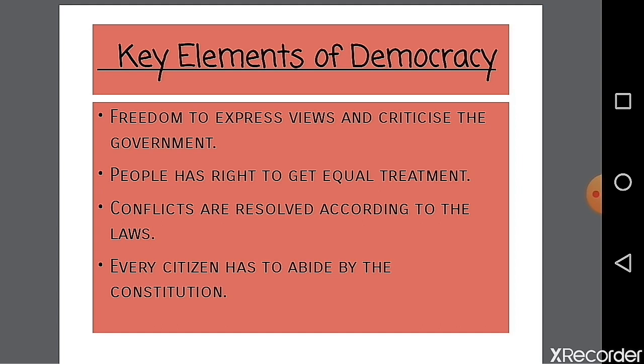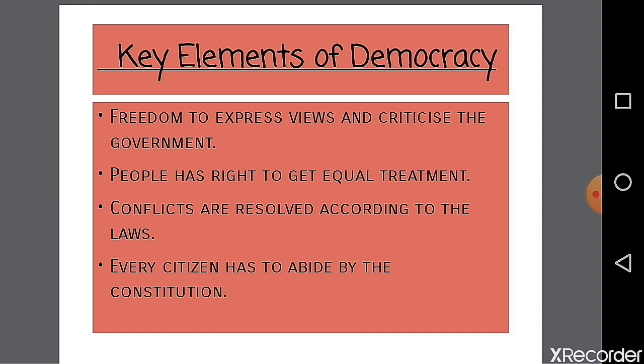Now the fourth point is conflicts are resolved according to laws. If there are places where something illegal is happening, then those conflicts will be solved according to the laws. There will be no third person taking the decisions for it.